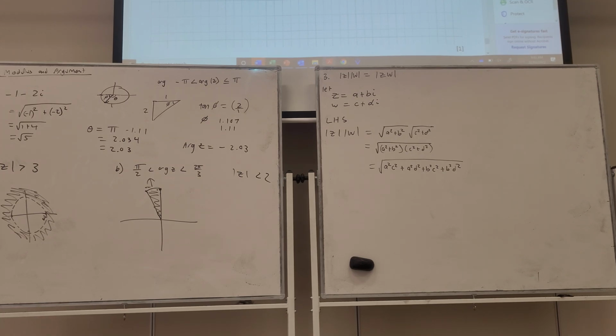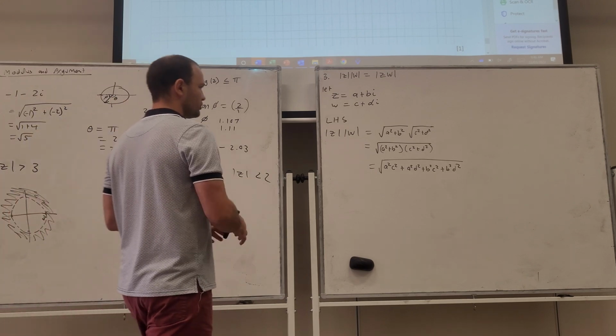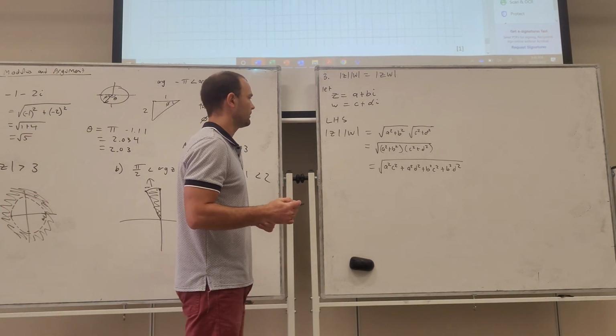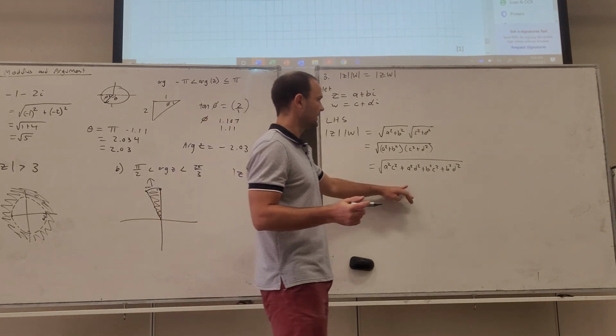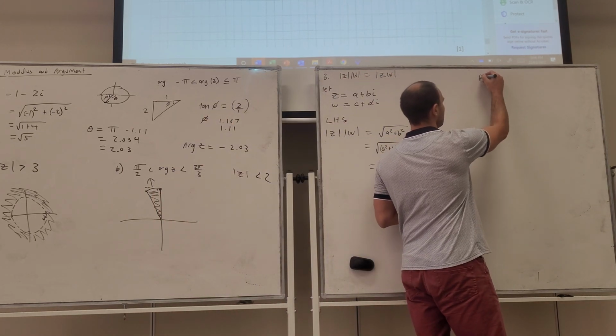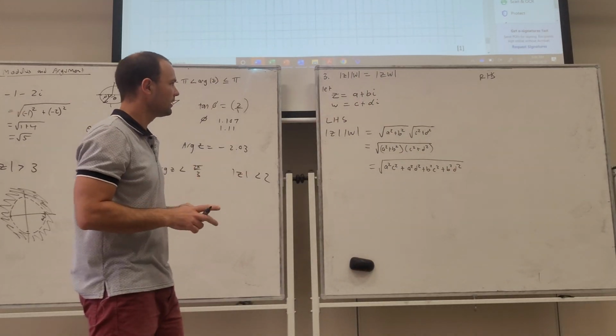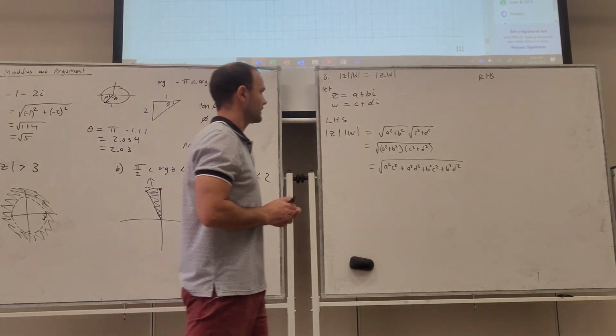Okay, so we'll stop there, because then we'll jump to the right-hand side and see how we can manipulate the right-hand side to make it match this. We could keep processing here if we know the direction we're going in, but all we need to show is that they're equal to one another.